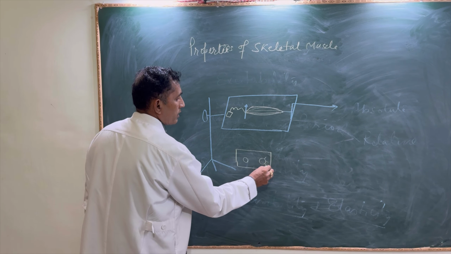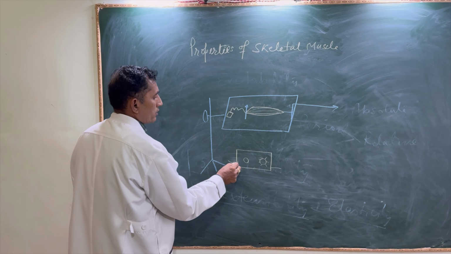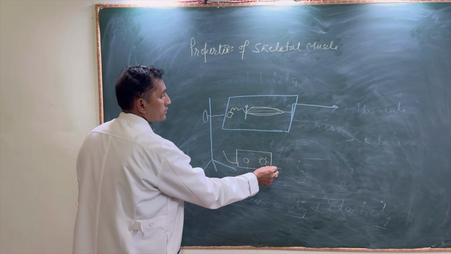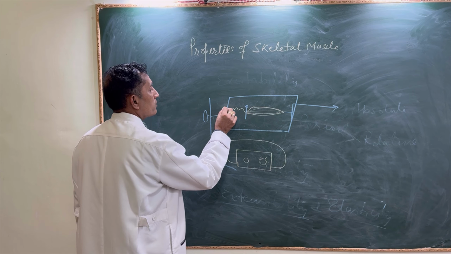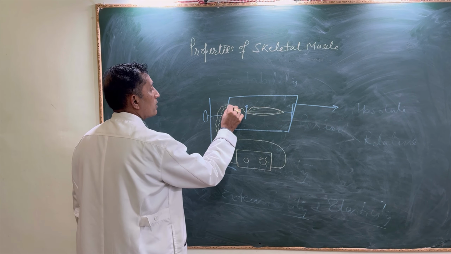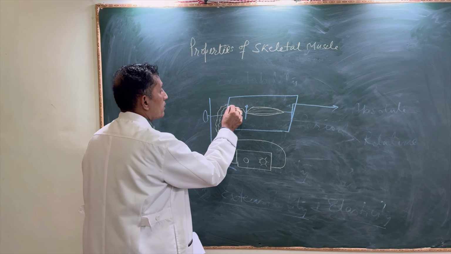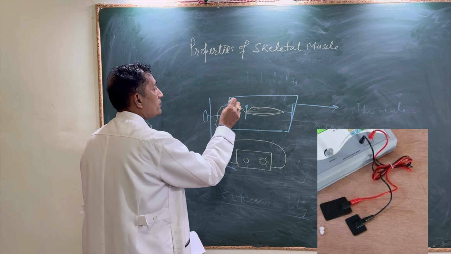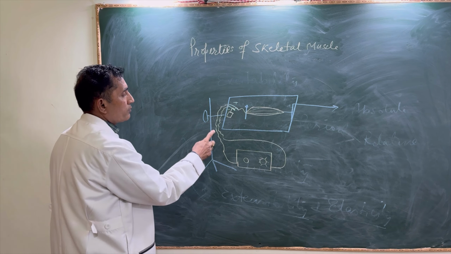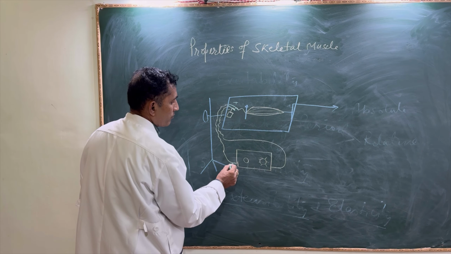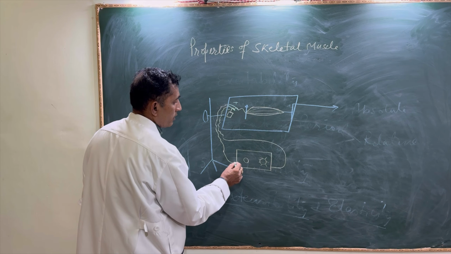This stimulator can have output, that is, we have the electrode. Here, one is a positive electrode and another is a negative electrode. So with the help of this electrode, one positive and another negative, we can stimulate this muscle with the help of the stimulator.